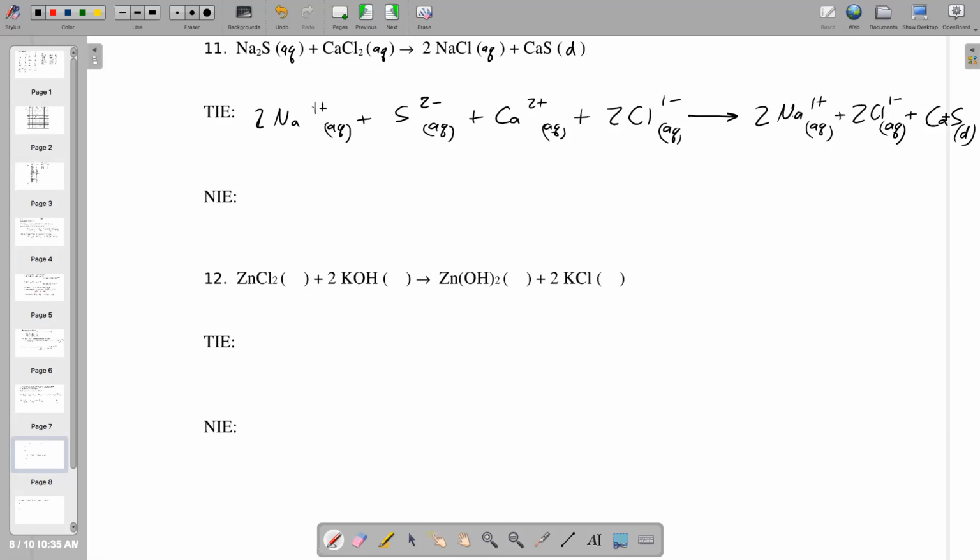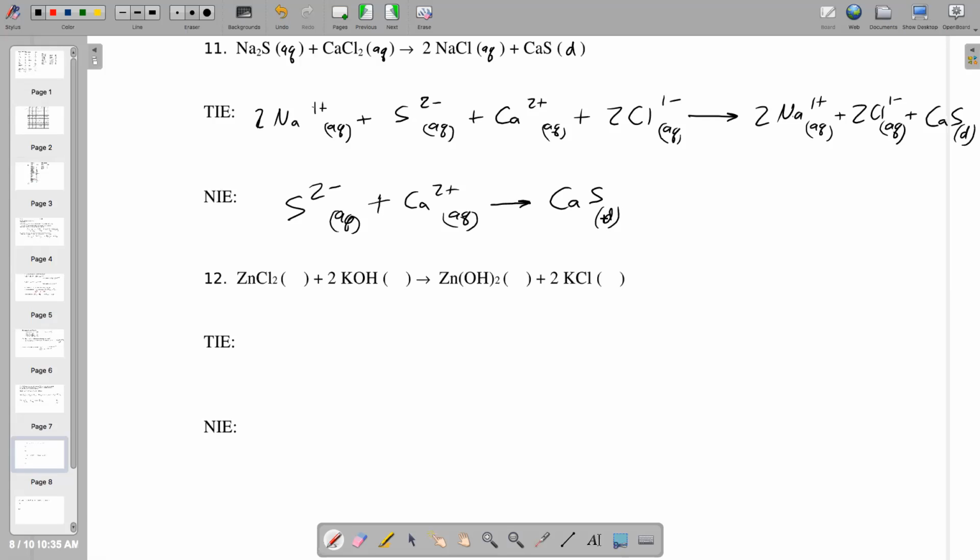Anyway, in this reaction, the sodiums are the same on both sides and the chlorines are the same on both sides. But what is different is the sulfur and the calcium. And you could write those in opposite order. Makes calcium sulfide, CaS. And it has a D, which means it dissociates.